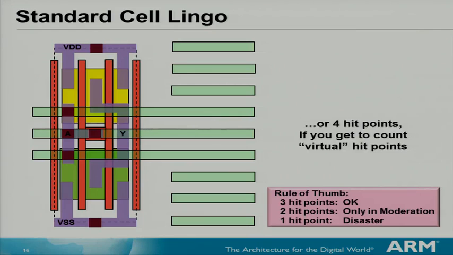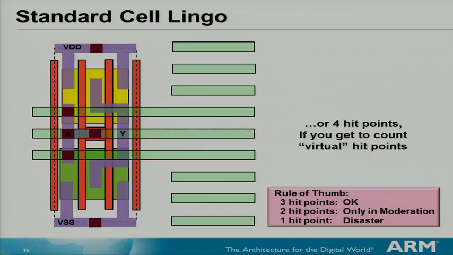The main reason being, once you start placing hundreds and hundreds of these cells together, the wires start to go really crazy. The more hit points you have, the better it is for implementation. If you have fewer hit points, the router starts to get messed up. It'll start placing the cells away from each other, not very close by, so that it can have room to route the wires through.